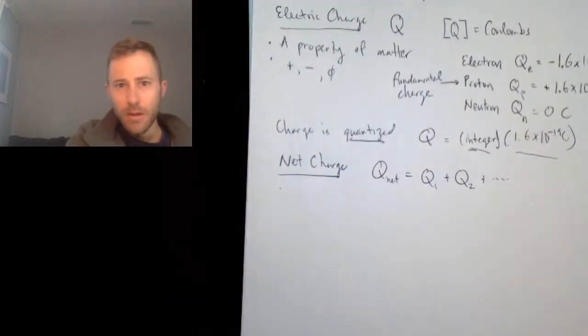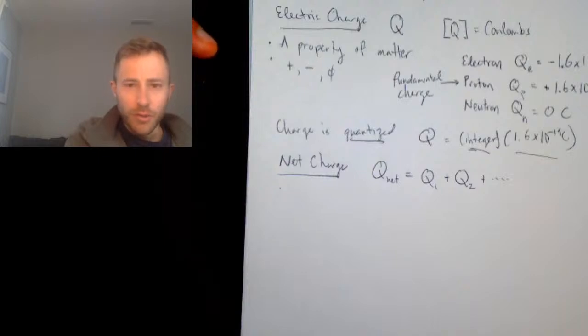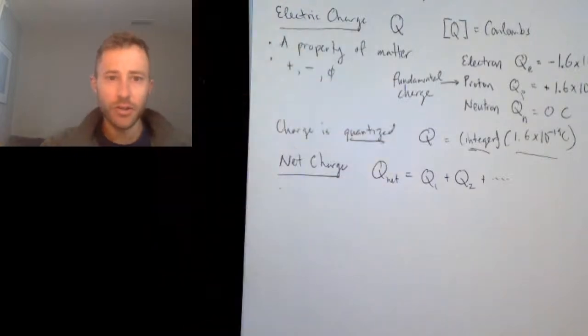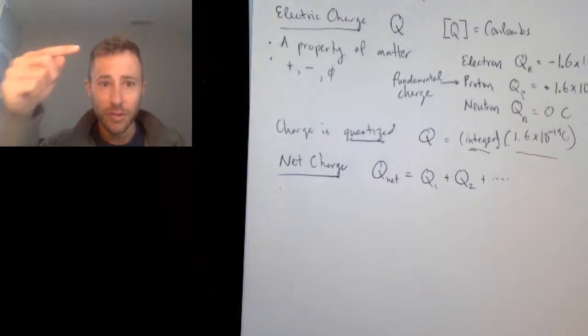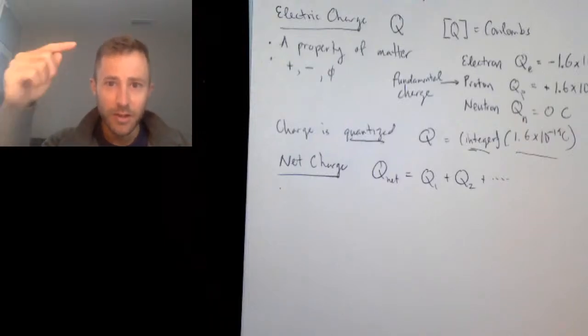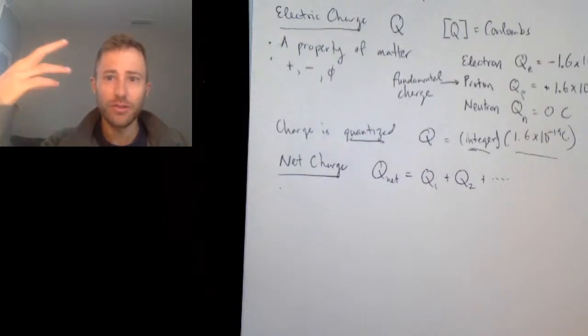Okay? So in particular, if we think about the net charge of an atom, we would have the charge of each of the protons, the charge of each of the neutrons, the charge of each of the electrons.